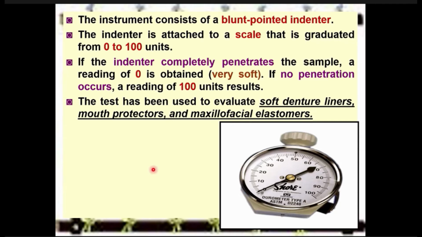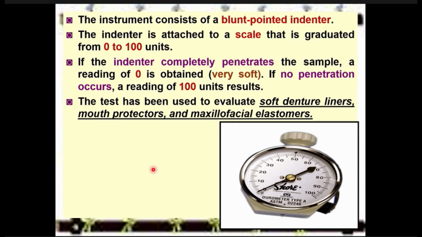Sorry, I think I have explained it in reverse. If we touch the surface and there is no penetration, it will read 100, which means it's a hard surface. However, if it is a soft surface like rubber, it will fully penetrate and give us a reading of 0.